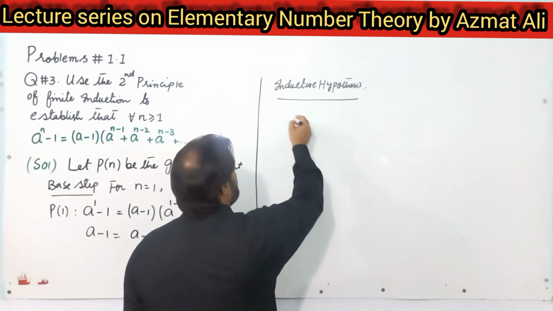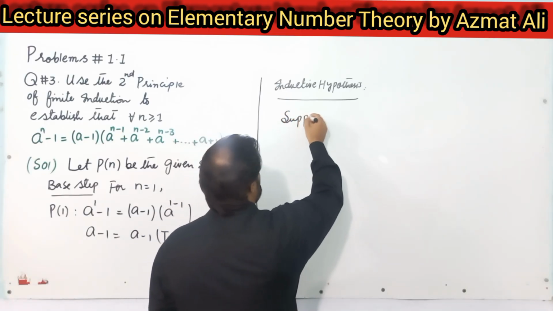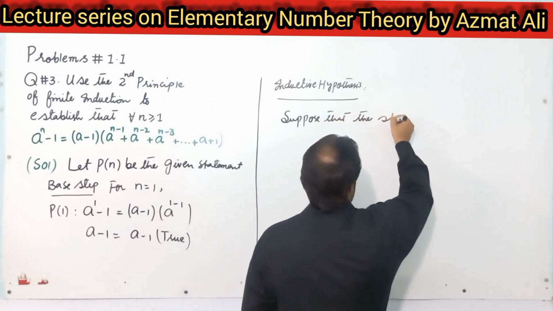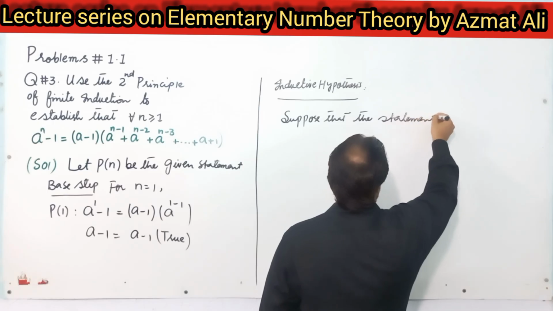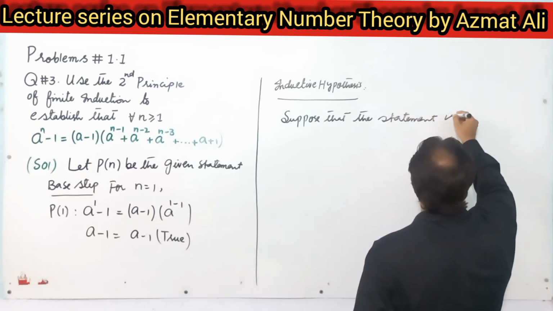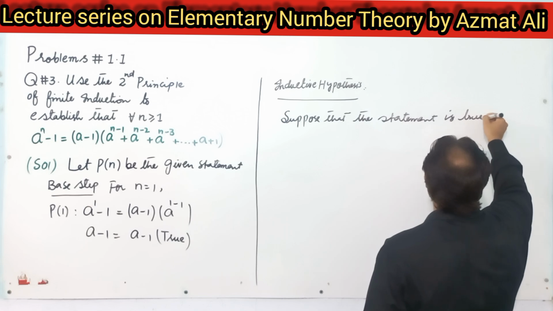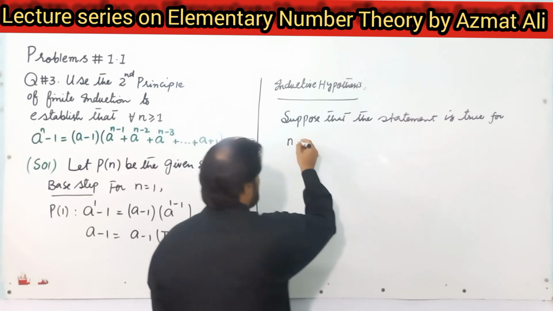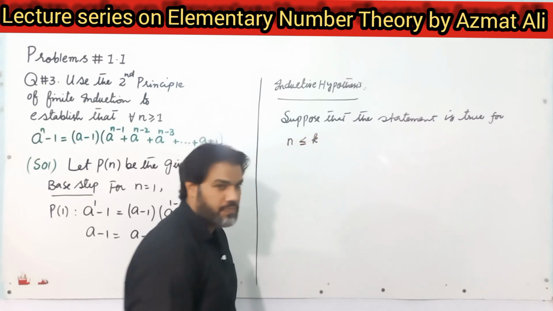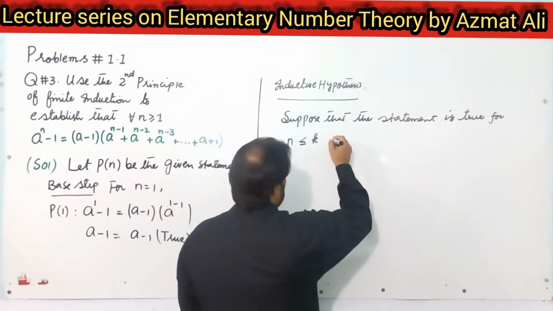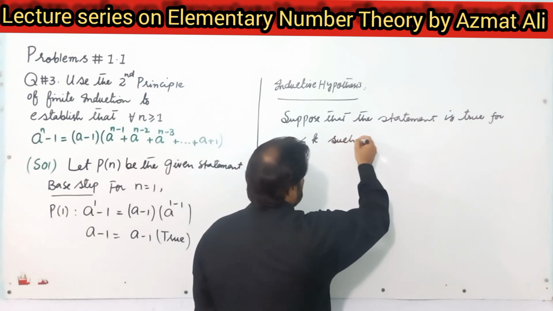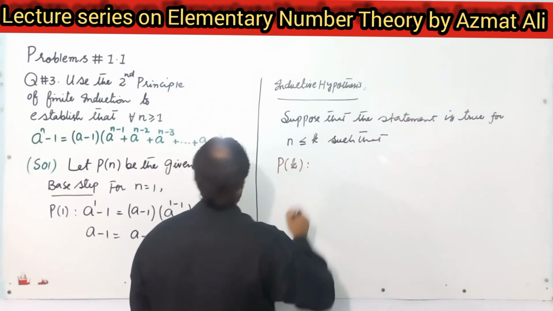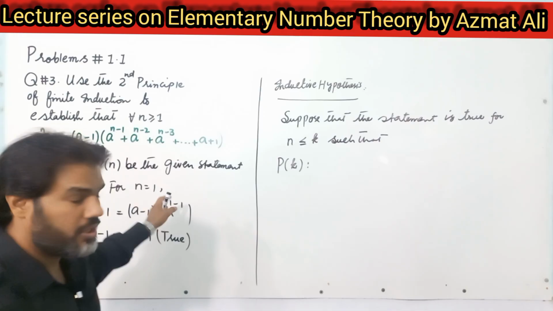That is, suppose that the statement is true for n is equal to k and all the preceding integers, then k, such that the statement for n is equal to k is given by substituting n is equal to k in the given expression.